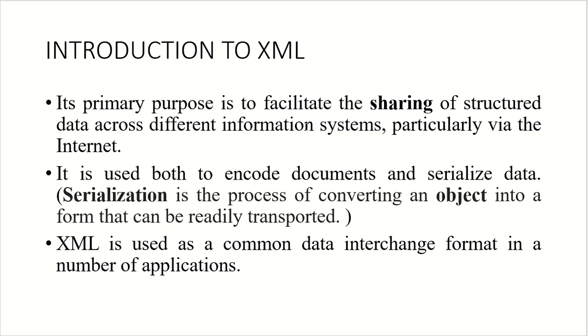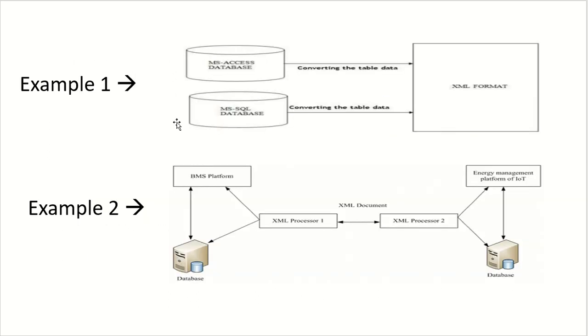Because on the internet, human beings are not talking with each other. Basically, machines are communicating. So how will a machine come to know, in this diagram, a machine is running an application which is using an MS Access database. How will this machine know how to communicate with the machine using an application which is using an MS SQL database?